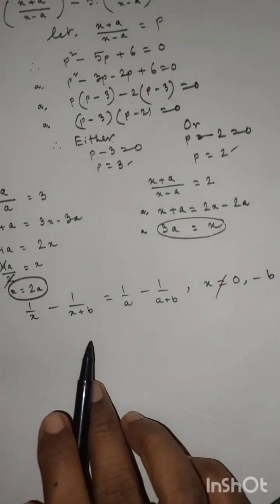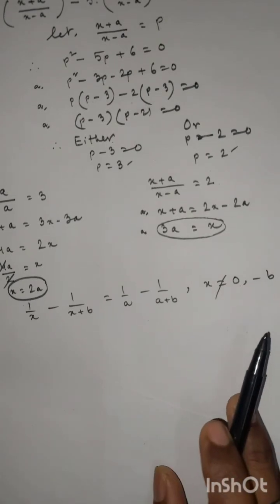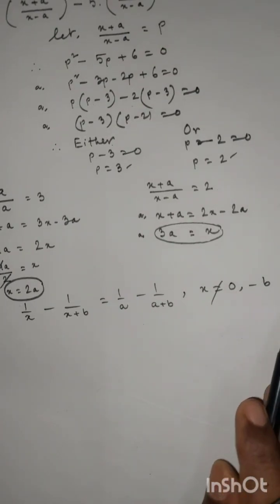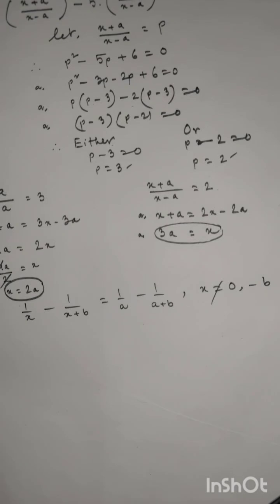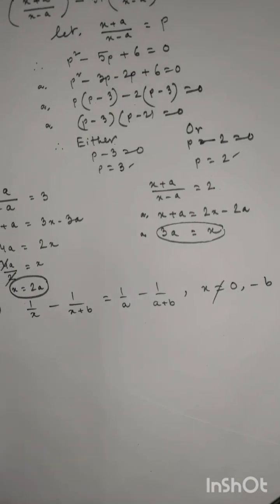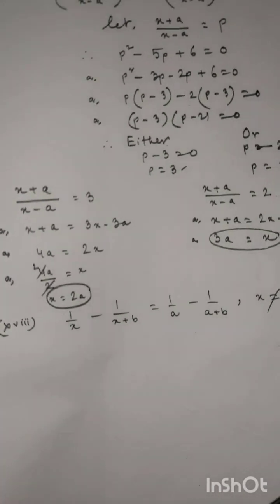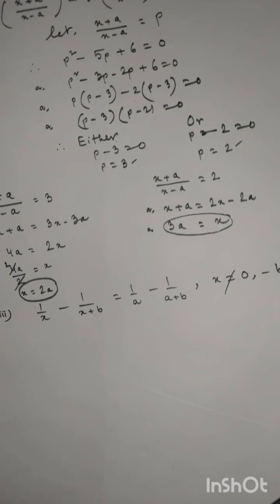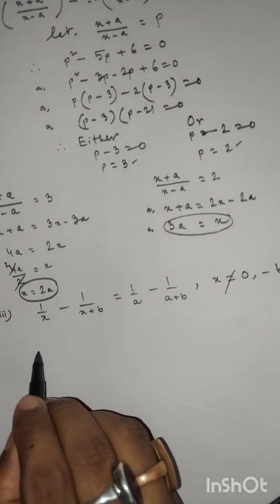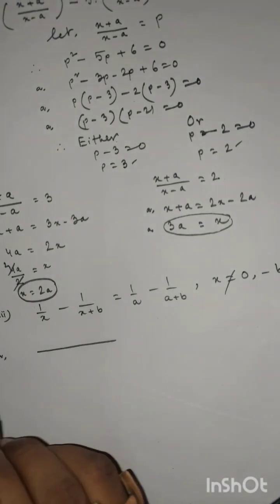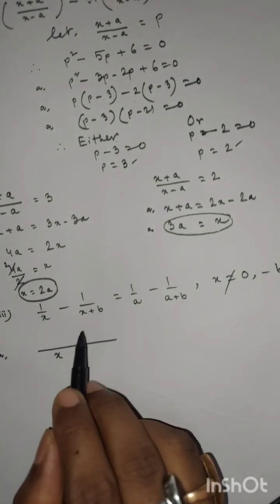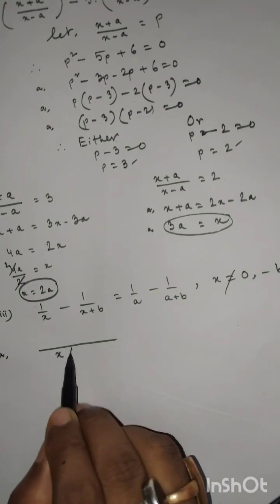This is our question number 18, where x cannot be 0 or minus b. Now let us solve it. The LCM is LCM of the denominators.